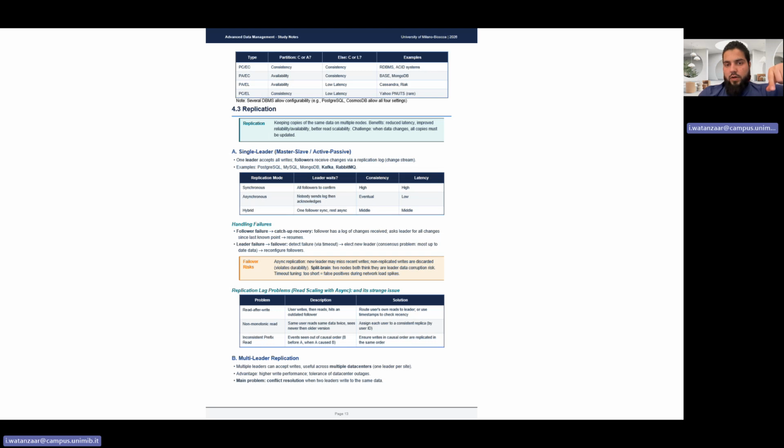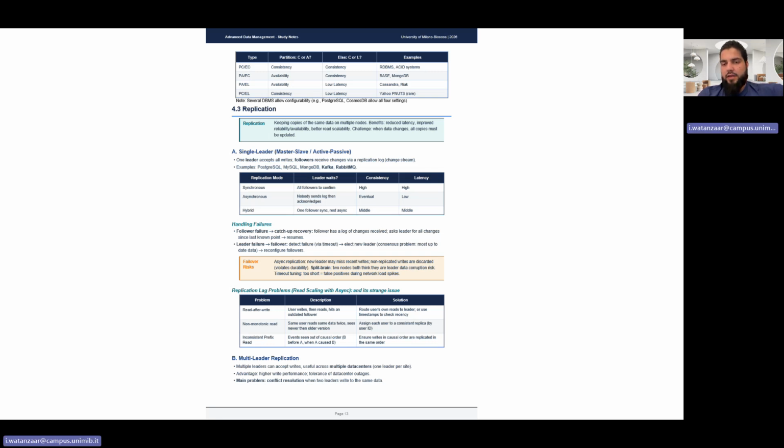But with leader failure in asynchronous replication, the new leader may miss recent writes, and non-replicated writes are discarded. It's a violation of durability. We discussed that once a data record is committed, it should be persistent, but here the new leader may be missing some copies of the data.